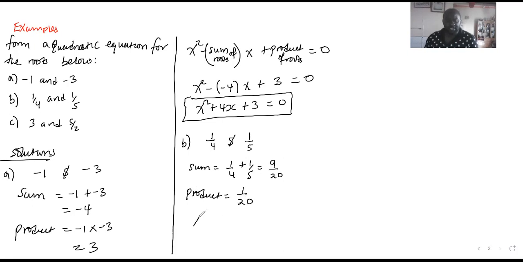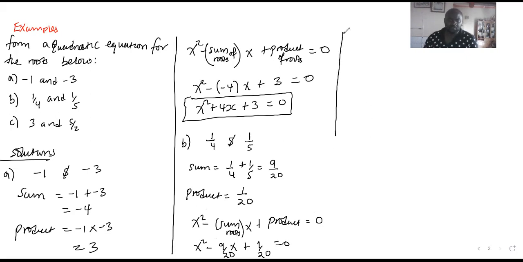The general equation says x squared minus the sum of the roots times x plus the product is equal to 0. This will give us x squared minus the sum, which is 9 out of 20, of x plus 1 out of 20 is equal to 0.